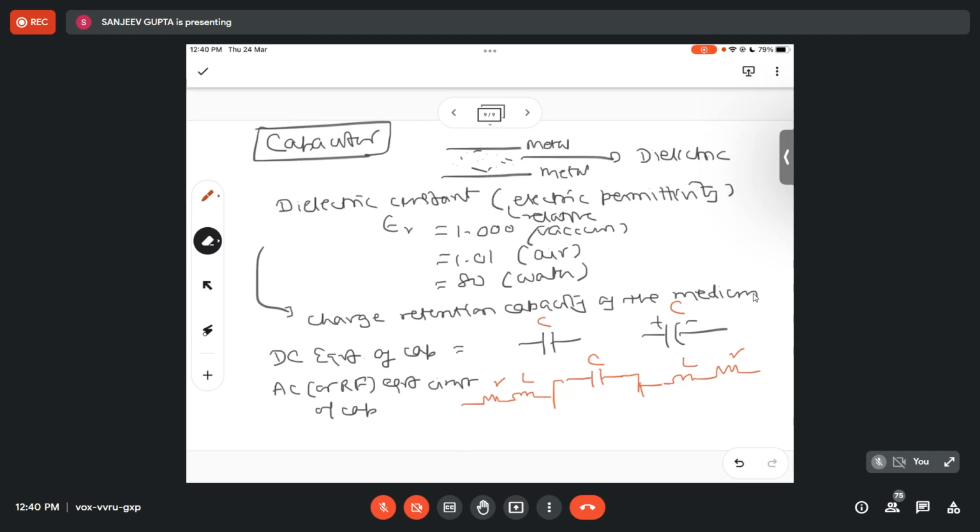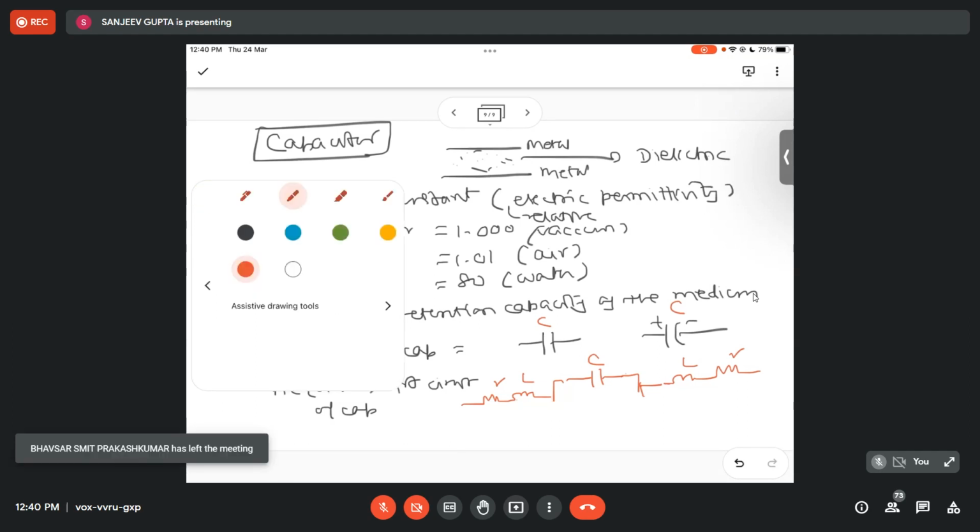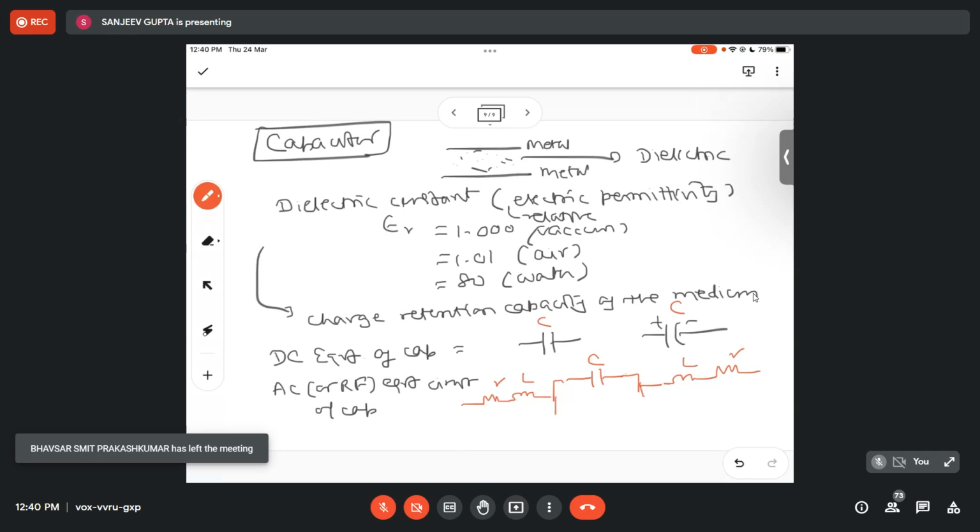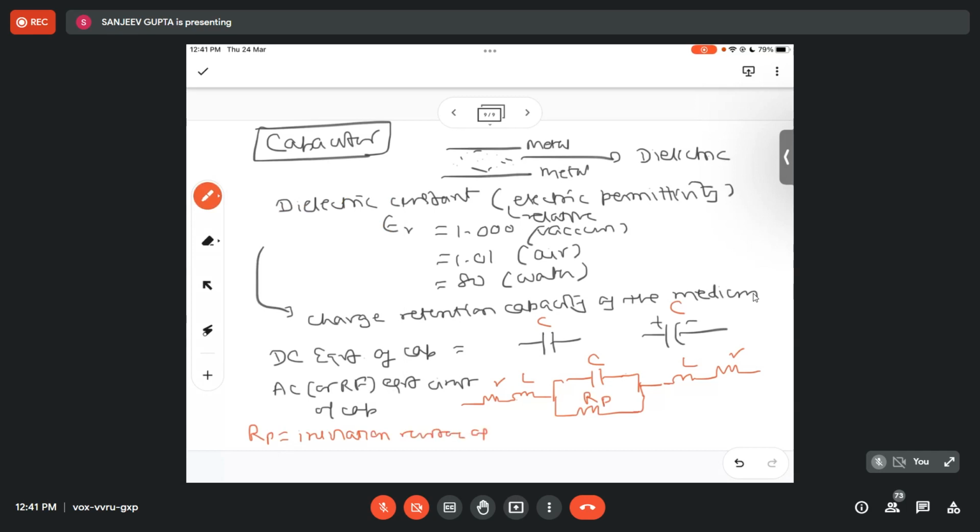So it has a certain insulation resistance of its own, which we put in the equivalent circuit as RP. So RP is the insulation resistance of the capacitor. And when we solder the two leads, it will also give some additional small capacitance. But let's concentrate on this one.